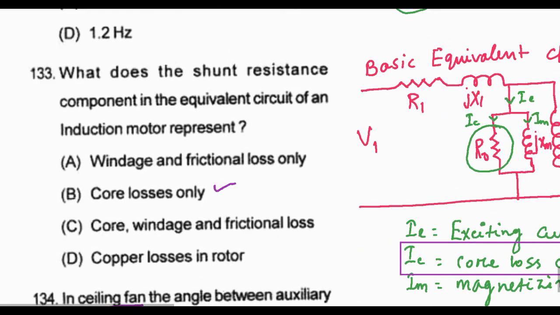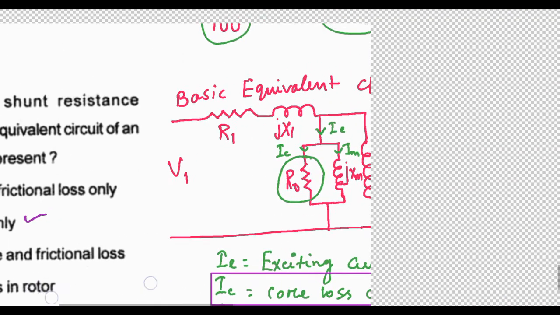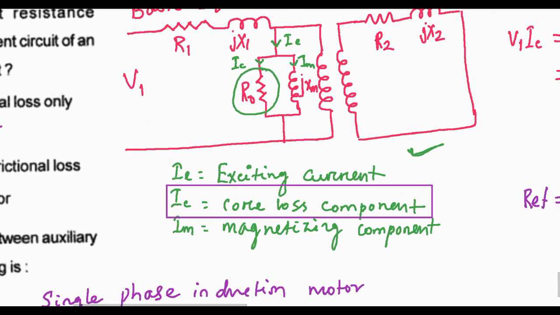So now here, this one is IE, and IE current is called the exciting current, and IC is a branch of IE. IE is equal to IC plus IM, and IC is the core loss component and IM is the magnetizing component.